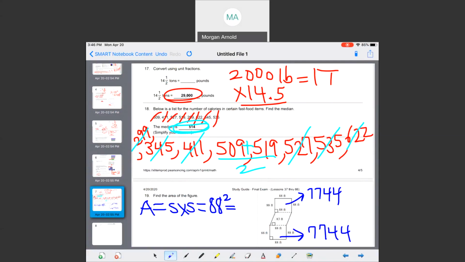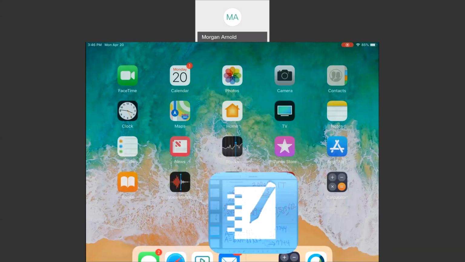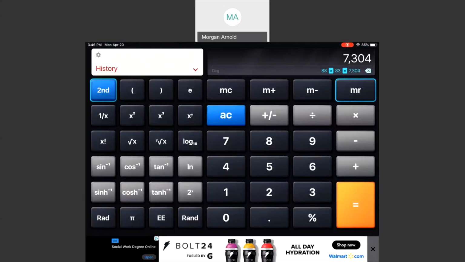Now the middle shape is a parallelogram, and this area formula is just base times height, where the base is 88 and the height is 83. So let's find that area. And that is 7,304.